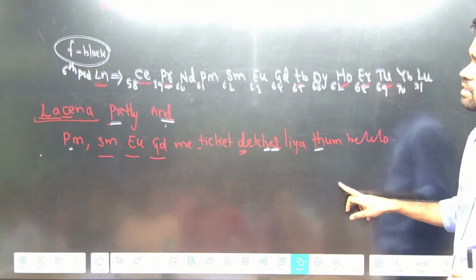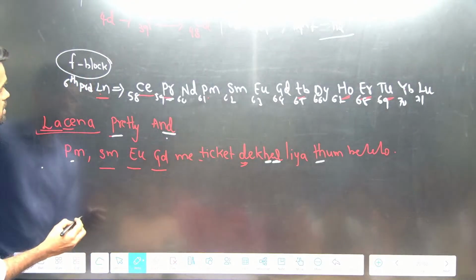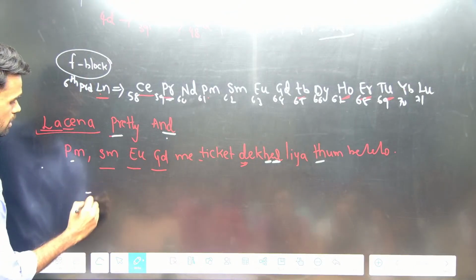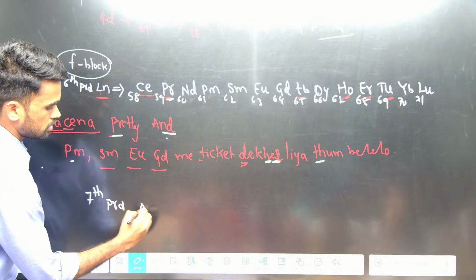Next one is what? Actinides. Okay, let's try these actinides also. Actinides belong to the 7th period. Actinides.